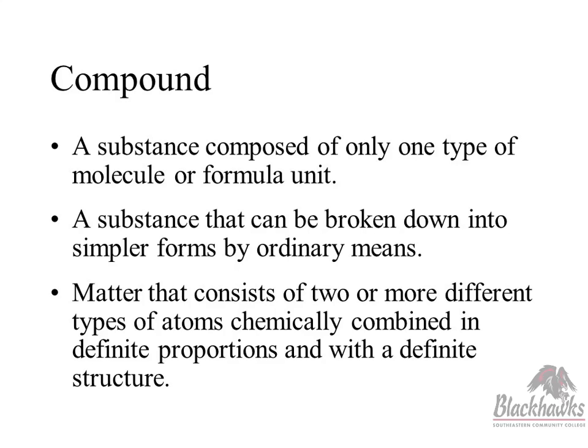But the thing about compounds is they can be broken back down into their elements. So if we have pure substances, we said there's two types of pure substances. There are elements, and then there are your compounds.